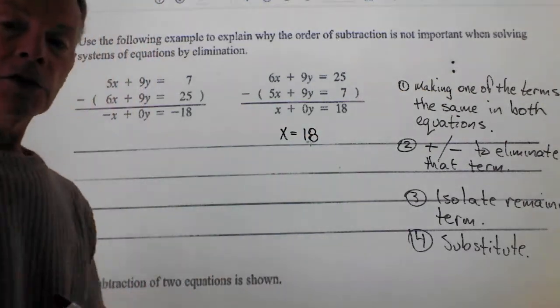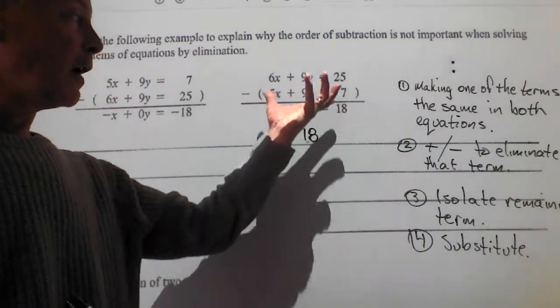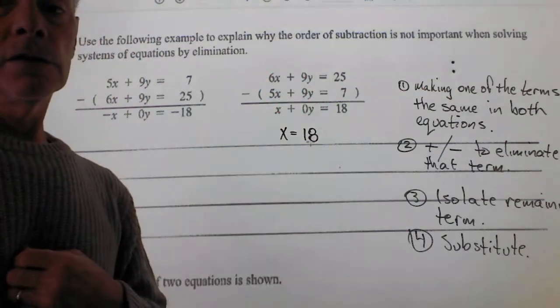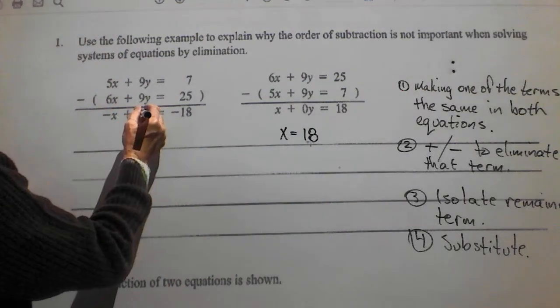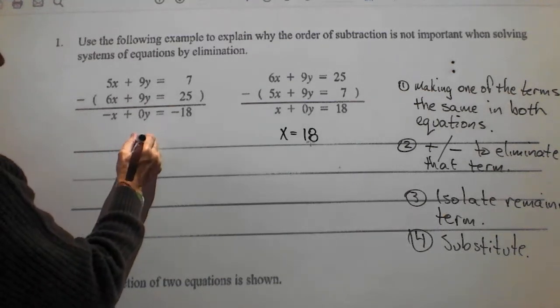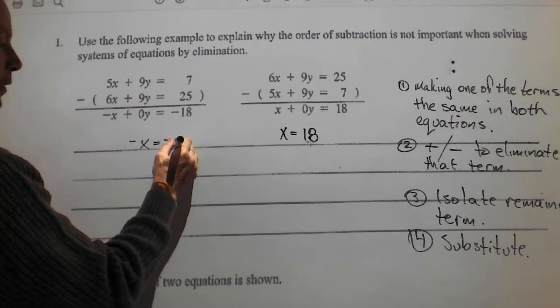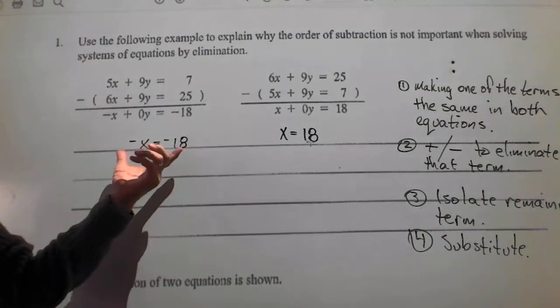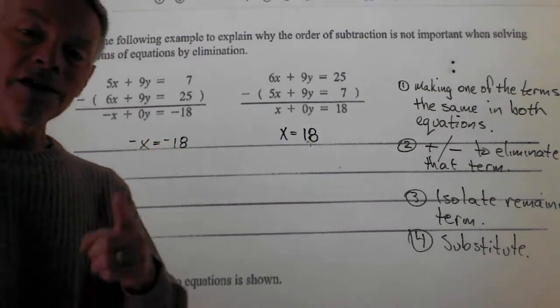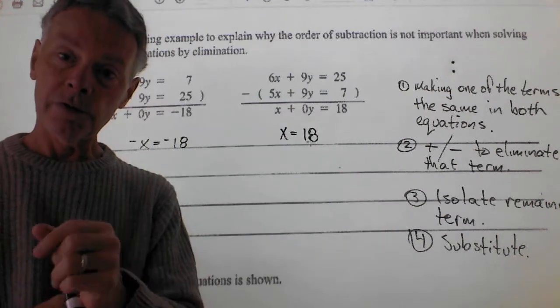In this case, you would have said, well, I don't need this 0y, so I have x equals 18. That's my value for x in this particular system of equations. In this system of equations, again, getting rid of that 0y, you get negative x equals negative 18, and all that means is, to isolate x in this one, you just have to do that one more step, right?